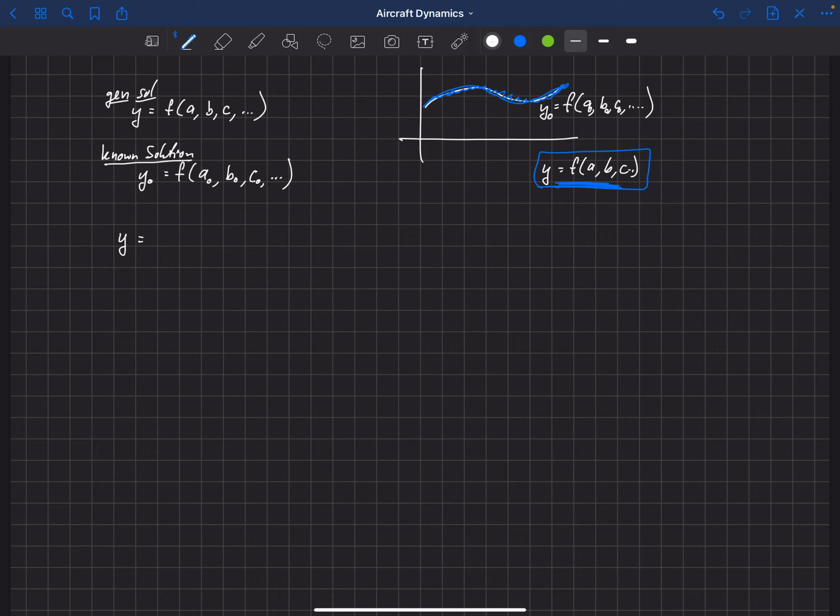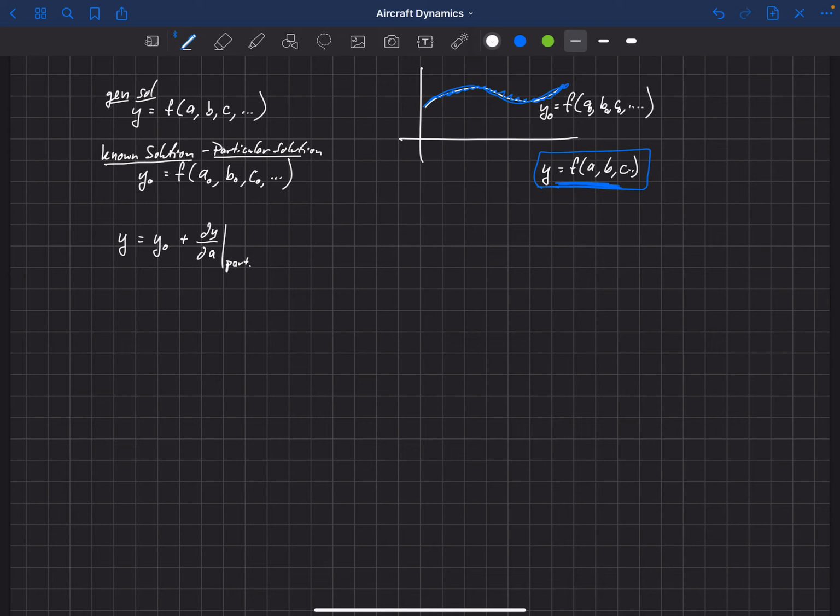So it would be equal to y naught plus the change in y with respect to the first parameter, a, that would be evaluated at the known solution, which by the way is also called the particular solution. Okay, so we have one particular solution. So we're going to evaluate the derivative of y with respect to a at the particular solution.